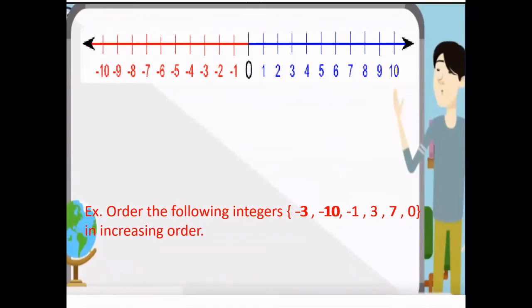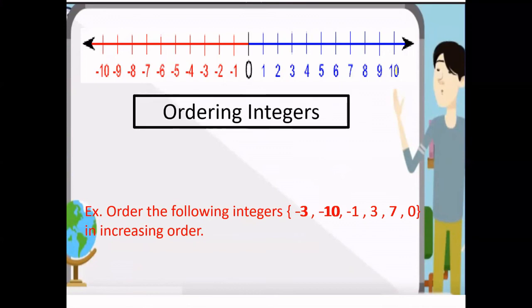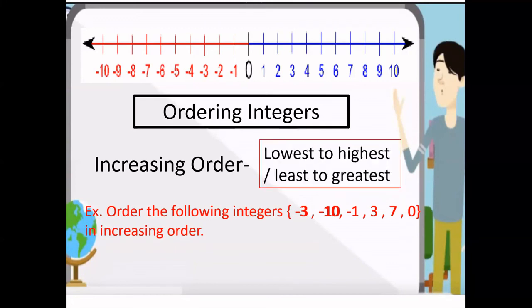Now we will try to order them into increasing order. By the way, increasing order is lowest to highest, least to greatest. So it goes from the smaller number until the bigger number, or the least number until the greatest number.